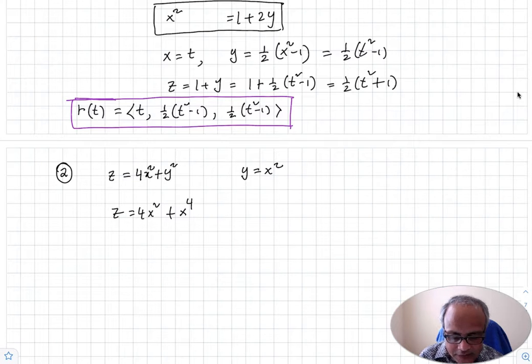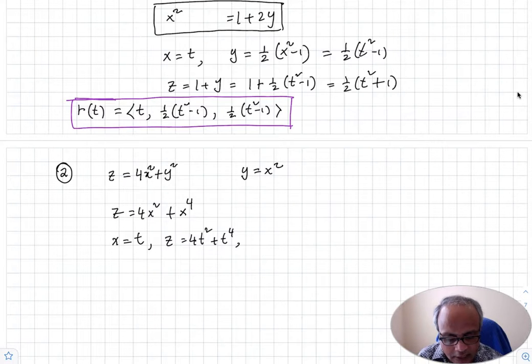But rather, if you start with x equals t, say x is represented exactly equal to the parameter t, then you can have z equals 4t square plus t to the power 4, and from the other equation y equals t square.